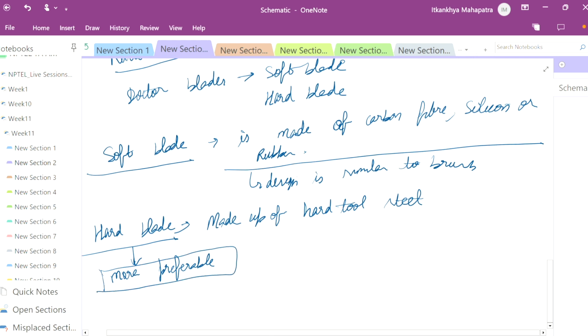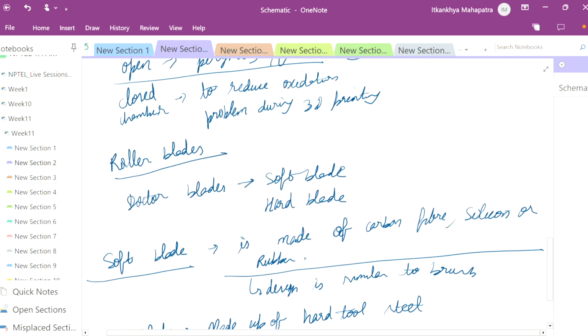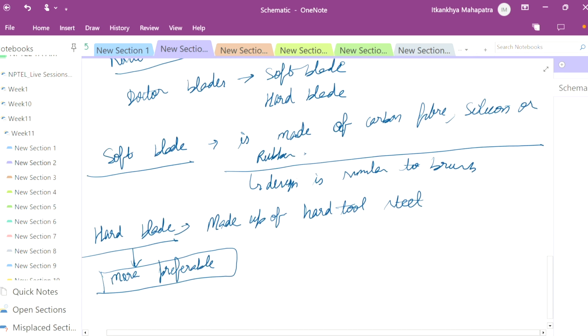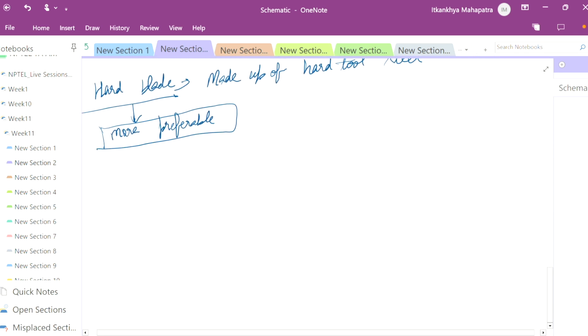This is because in case of the soft blade, naturally the wear will be very high, so we have to replace the whole blade frequently. This will be costlier. But for some components it is necessary to use a soft blade.